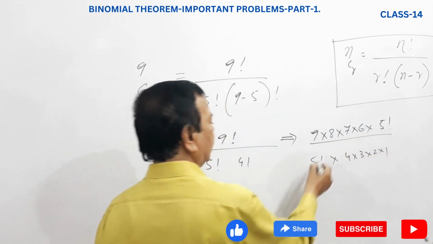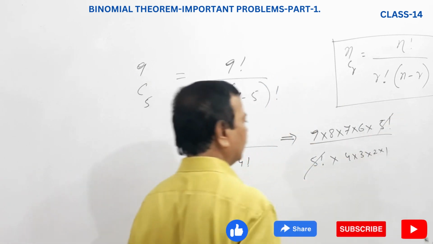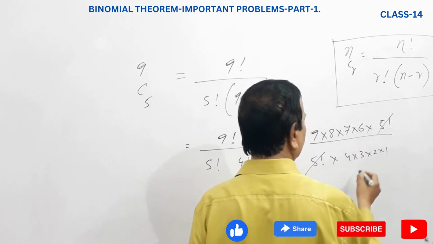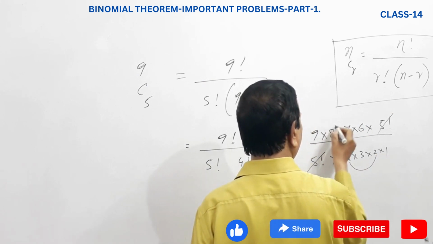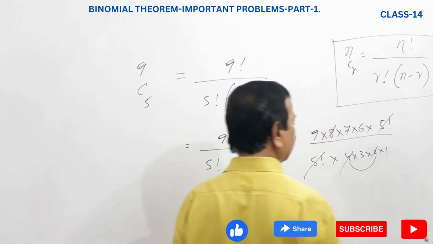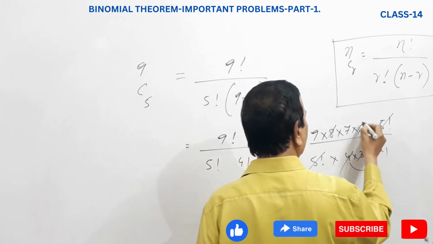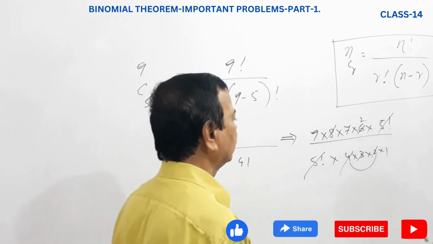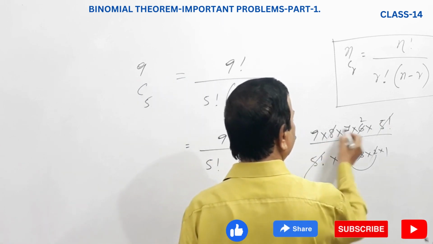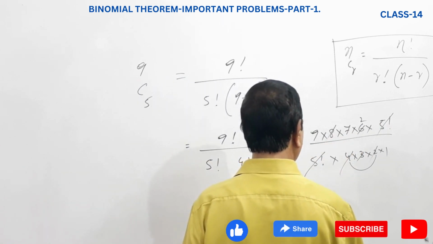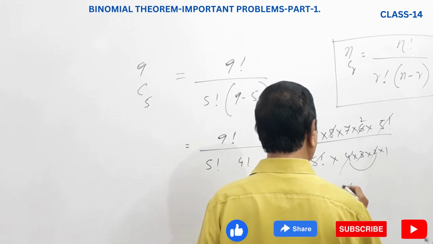So this 5 cancels. 2 4s are 8, 8 cancels. 3 2s are 6, this cancels. So 9 7s are 63 into 2 is 126.